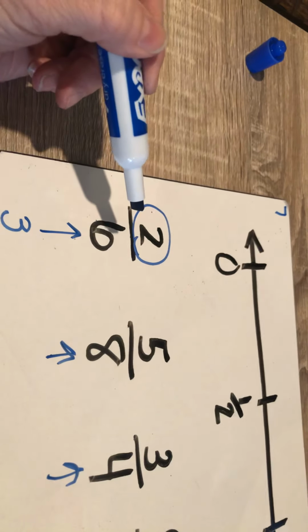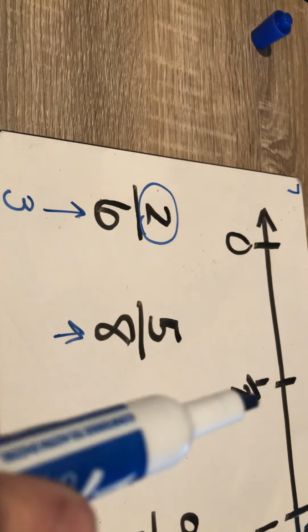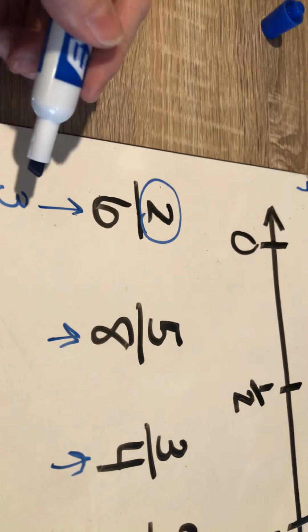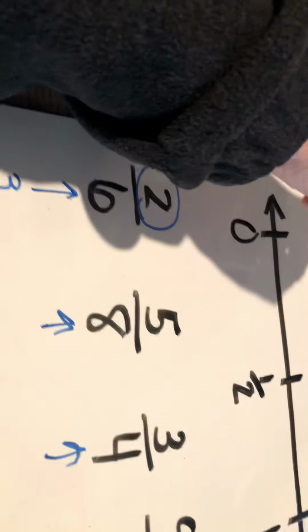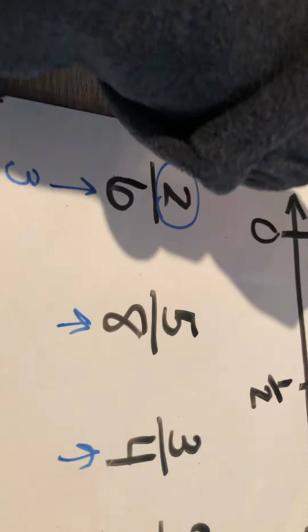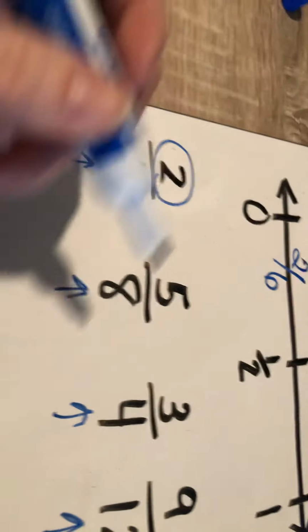If the number on the top is greater than 3, it would go between half and 1. So a 2 is smaller than 3, so it is going to fall between 0 and half. So 2/6 is going to go somewhere over there.